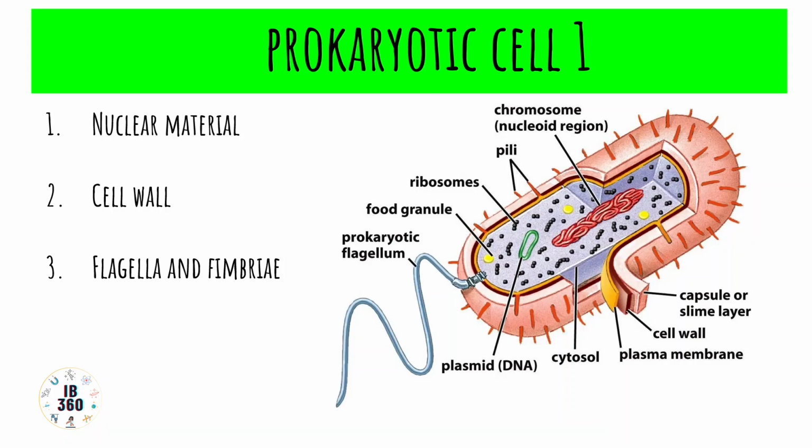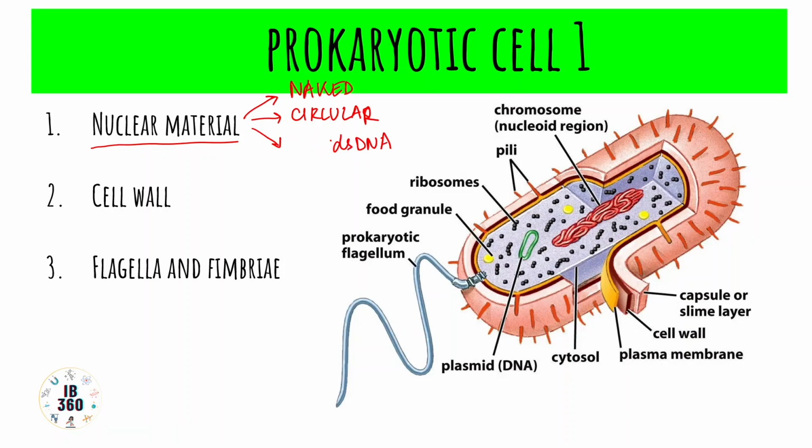Prokaryotes have an incipient, underdeveloped nucleus. Their nuclear material can be described using words such as naked, circular, and double stranded, so we say dsDNA.